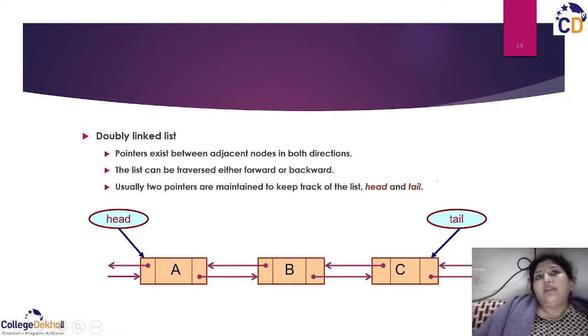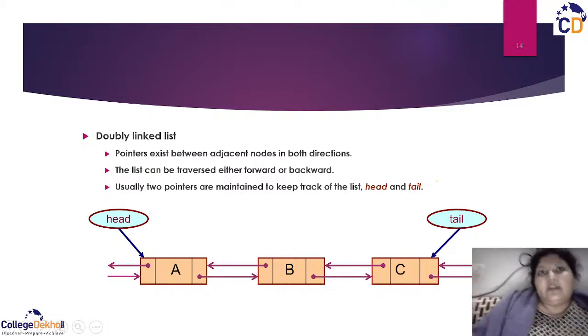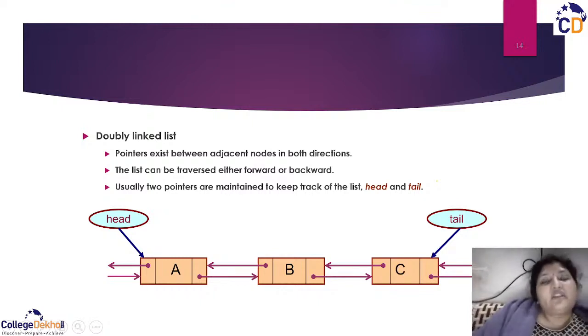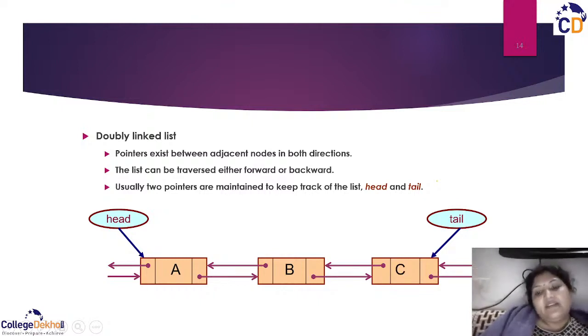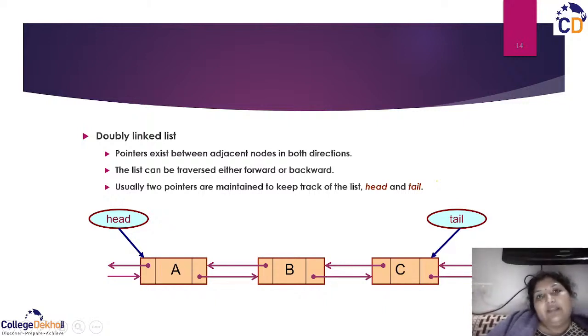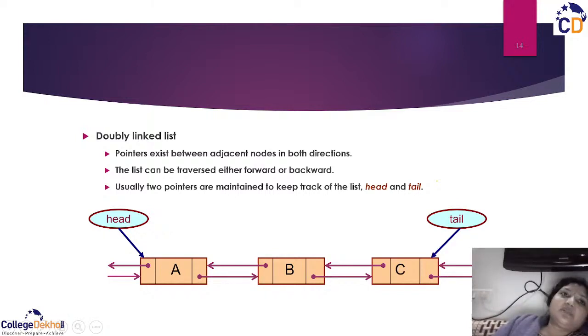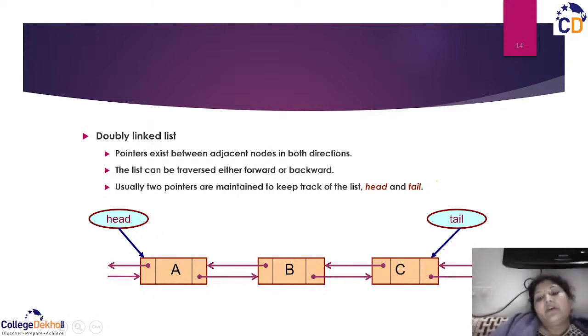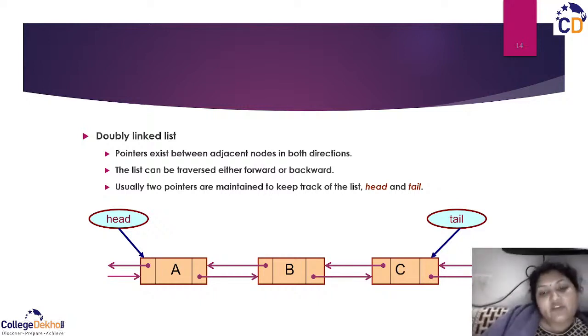The node is divided into three parts because it's a doubly linked list. You are maintaining double links within the node, like a single node is holding two links. The first part is holding the address of the previous element, and the next part of the node is holding the address of the next element in the list.